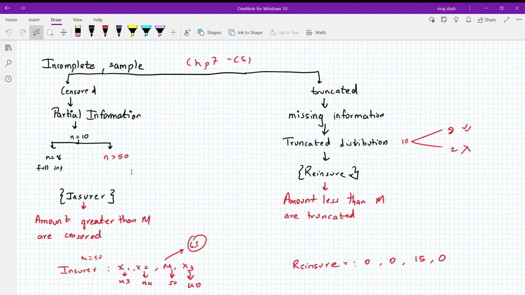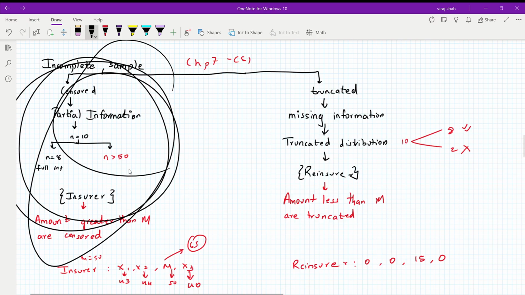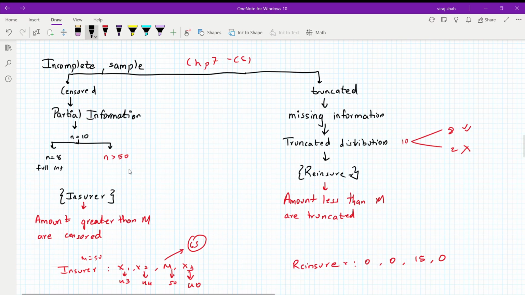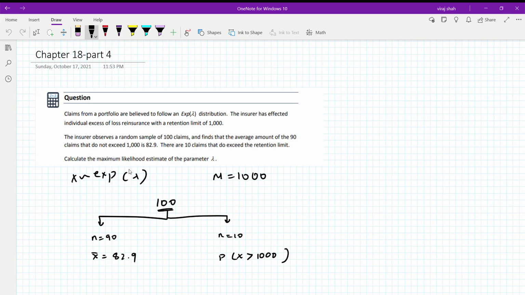It is this form, the partial information form, where there is full information for some policies, and for some policies we know that it is greater than 1,000. Here, we know the X bar, full information, for 90 claims, and for 10 claims we know that they exceed 1,000.